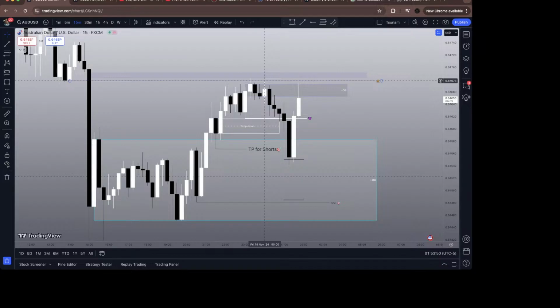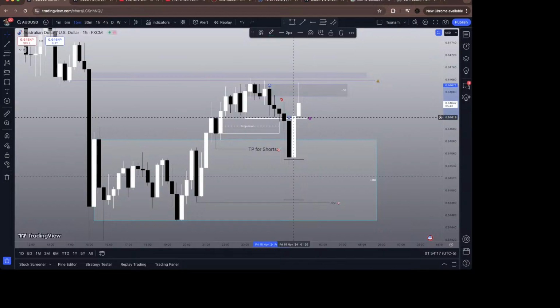I do have a framework that it would have taken all of these wicks to here. You know why? You know I have that framework? Because I have a markup for it. It's called relative equal highs. It's there in an equalish. Once it pops one, they're so close together.